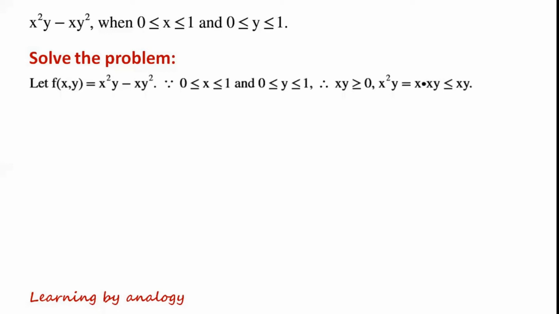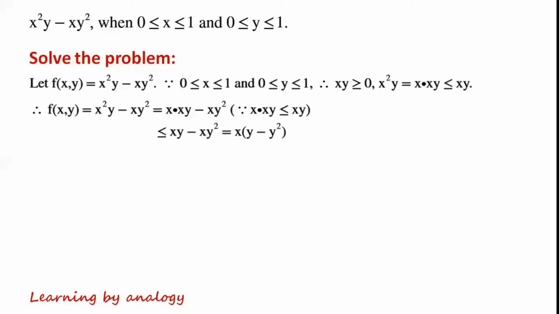X squared y equals x times xy, which is less than or equal to xy. So f(x, y) equals x squared y minus xy squared equals x times xy minus xy squared, because x times xy is less than or equal to xy.